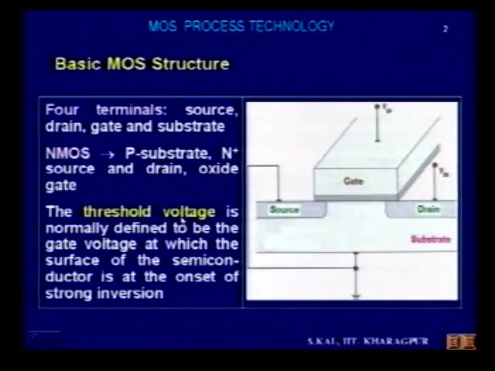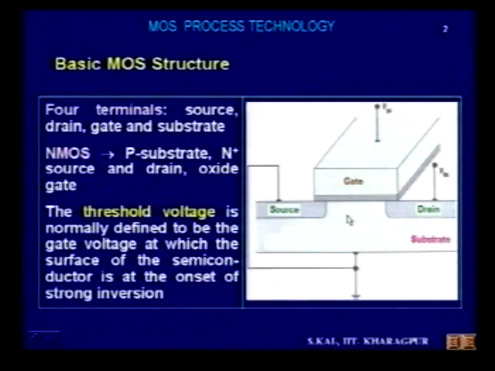One important parameter in case of MOSFET is the threshold voltage, and the threshold voltage is normally defined to be the gate voltage at which the surface of the semiconductor is at the onset of strong inversion. This is the definition of the threshold voltage. In case of an NMOS transistor, you apply a positive voltage.